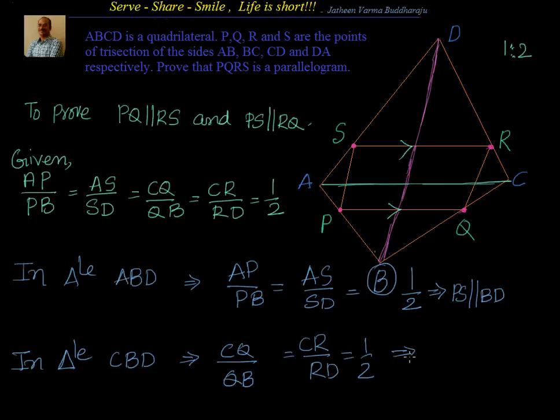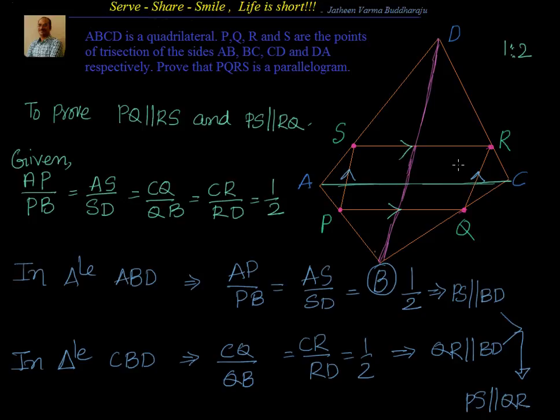So by the basic proportionality theorem QR is parallel to BD. Now from these two we get PS is parallel to QR. Once we know that PQ is parallel to RS and PS is parallel to QR, then we know that it's a parallelogram, because in a parallelogram two pairs of sides are parallel to each other.